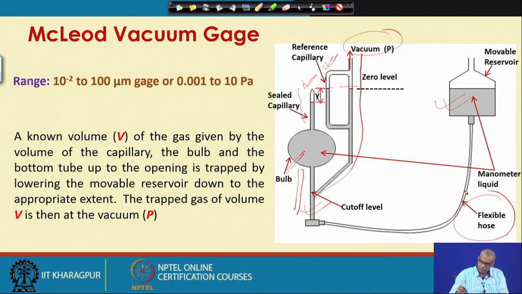Please note that when the mercury level goes down below this point, the branching point, and if this is connected to the vacuum source, this entire thing is now exposed to the same vacuum.